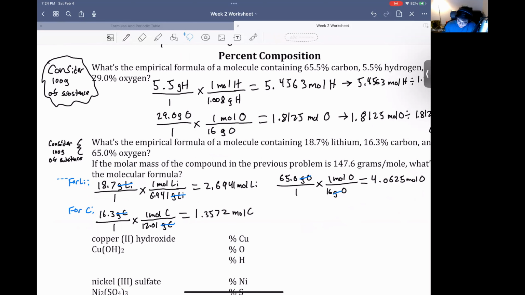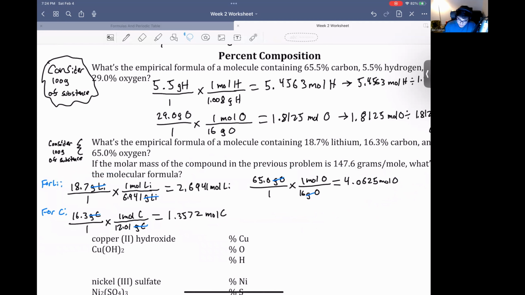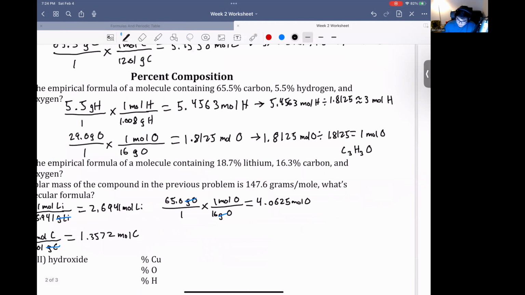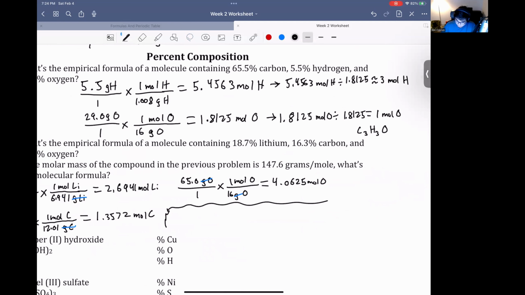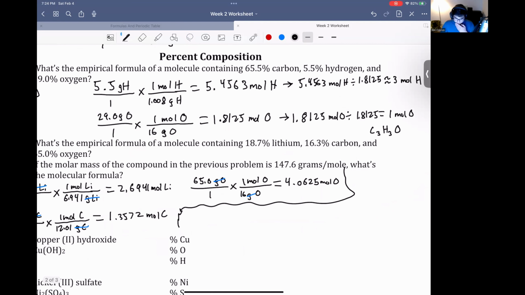What we're going to do here is divide again by the smallest number of moles. For the lithium, we have 2.69. For the carbon, we have 1.36, and oxygen 4.0, so carbon is the smallest. So I'm going to divide everything by the carbon moles. 1.3572 divided by itself is equal to 1.